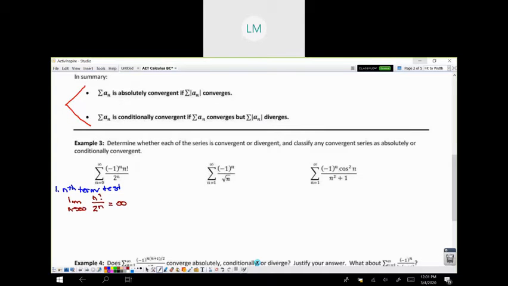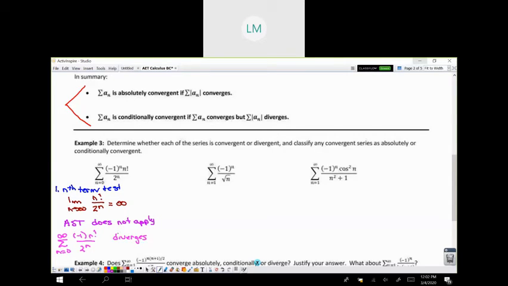So the AST does not apply, and the series diverges. It fails the nth term test, or it fails the alternating series test, so it diverges.